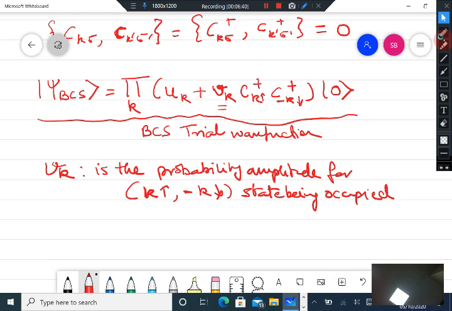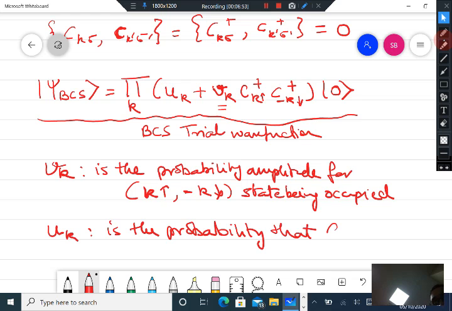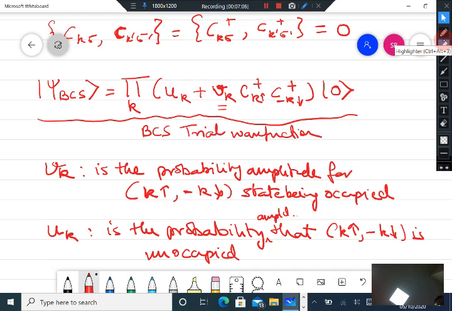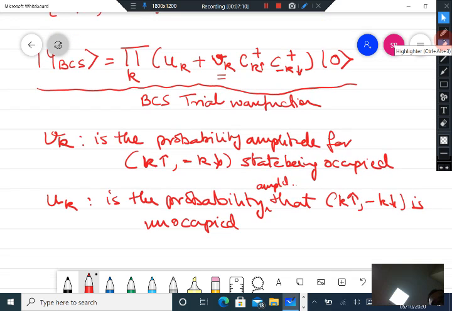So vk is the probability amplitude for this state being occupied, and uk is the probability amplitude that the k prime up, minus k prime down state is unoccupied, that it is vacant.